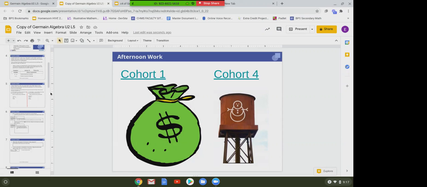Okay, I'm going to stop sharing my screen just so that I can see everybody. Does anybody have any questions for what you need to complete this afternoon? You have no other homework other than the second activity here. This second activity would be best if you guys actually do it on the slides as opposed to in the book, because in the book it asks you to create graphs, but it doesn't give you graph paper.